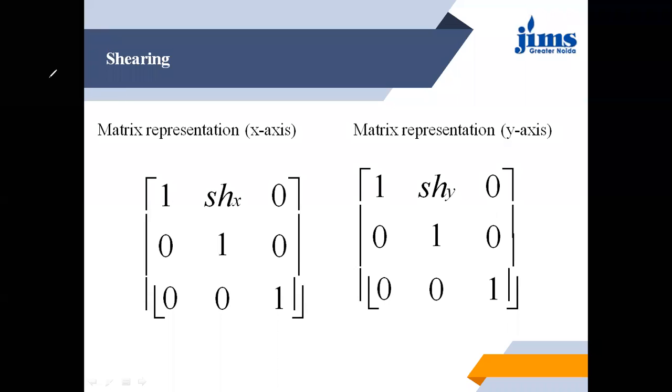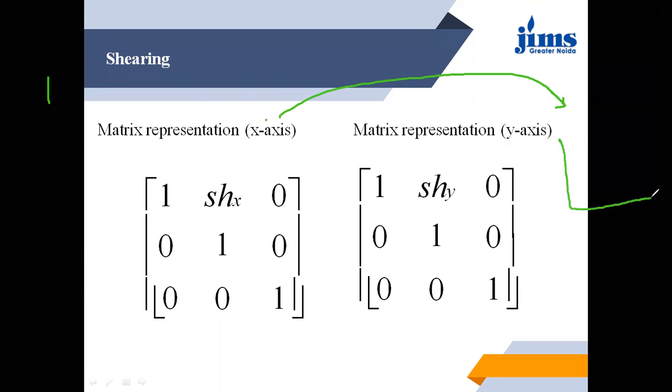One, suppose, okay, what I will do, I will draw the example of this over here. So let us see, suppose this is our coordinate system and we have an object like this.